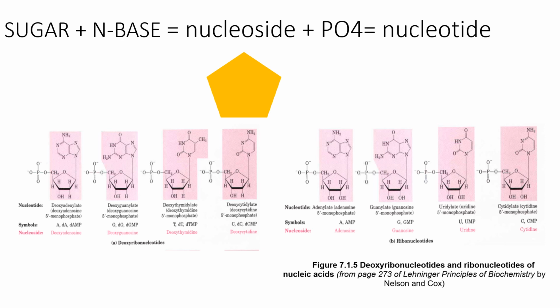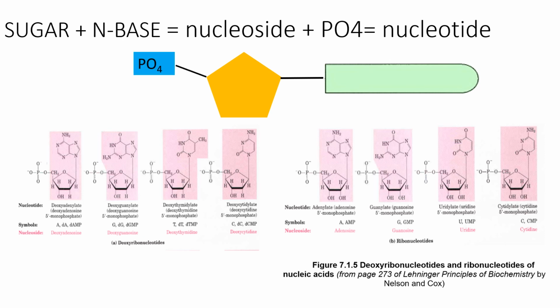So remember, your sugar plus your nitrogenous base forms your nucleoside through a glycosidic bond. Nucleoside plus your phosphate group is called your nucleotide. As you can see here in the example below, we have adenine plus your sugar. You can see here that the sugar at C2 doesn't have an oxygen, so this is a deoxyribose. This as a nucleoside is called a deoxyadenosine.